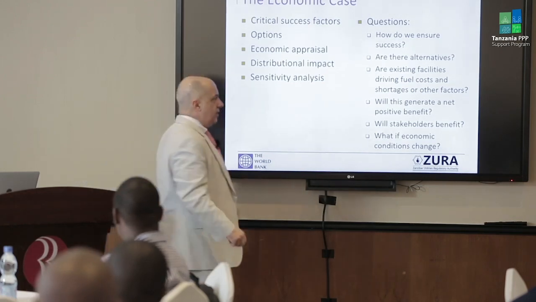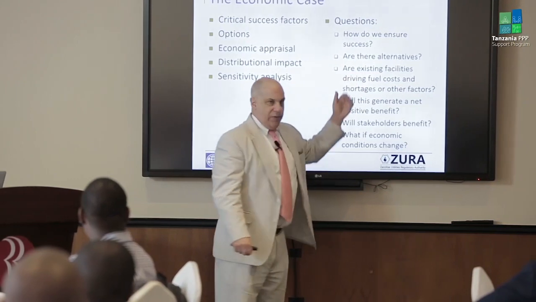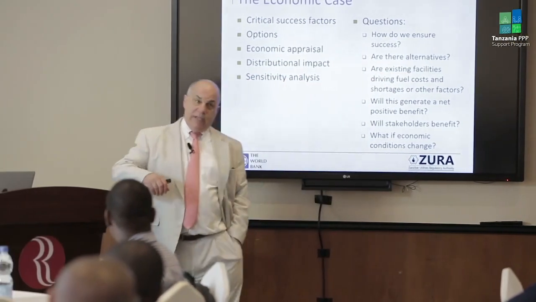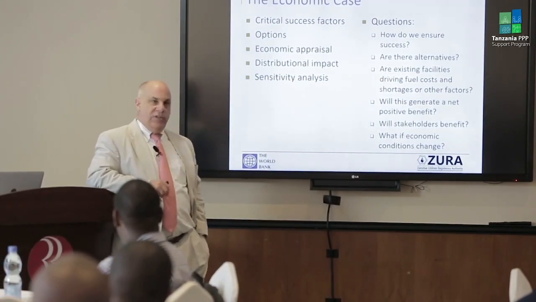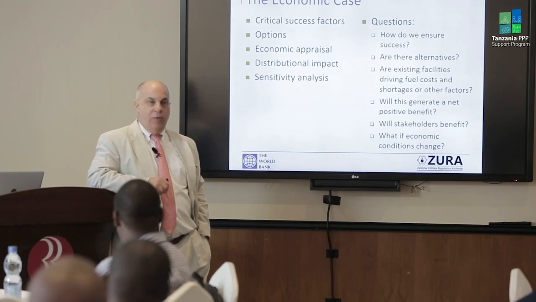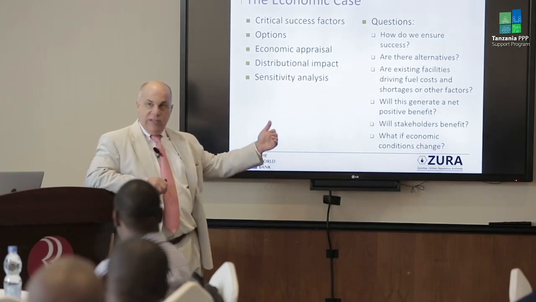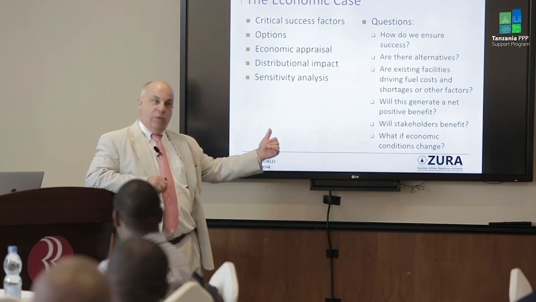The non-asset solution would be, in the fuel industry, what's known as fuel tickets. It's essentially options. Currently, Zanzibar receives its fuel primarily from Mombasa in Kenya, as well as Dar es Salaam.